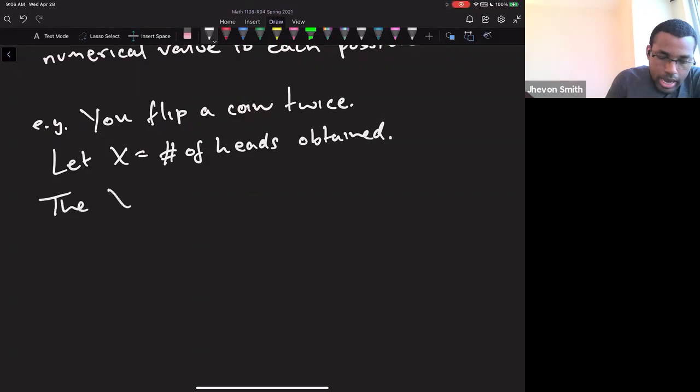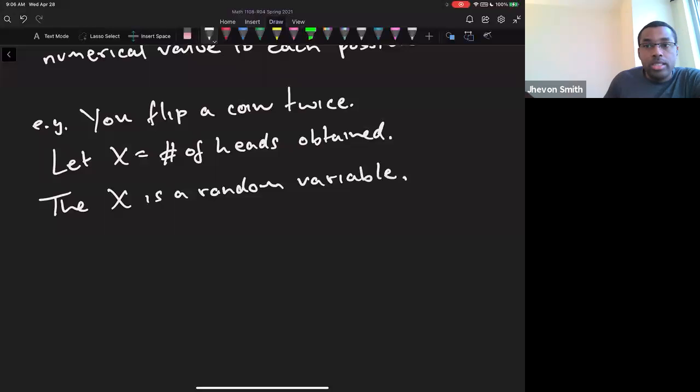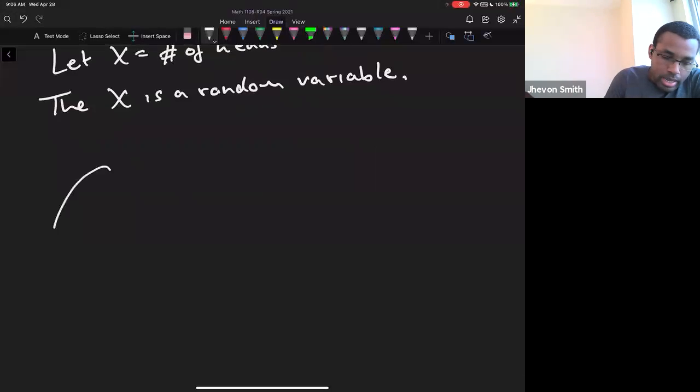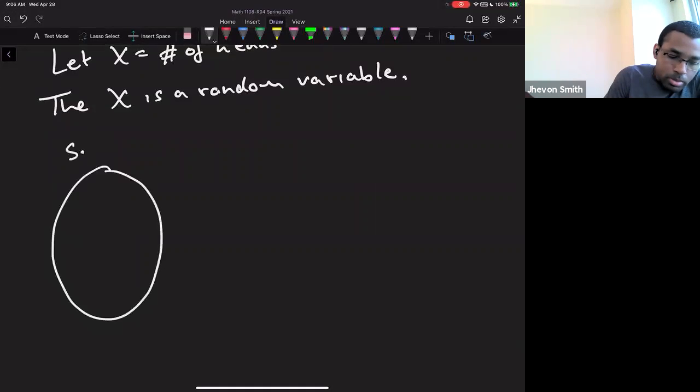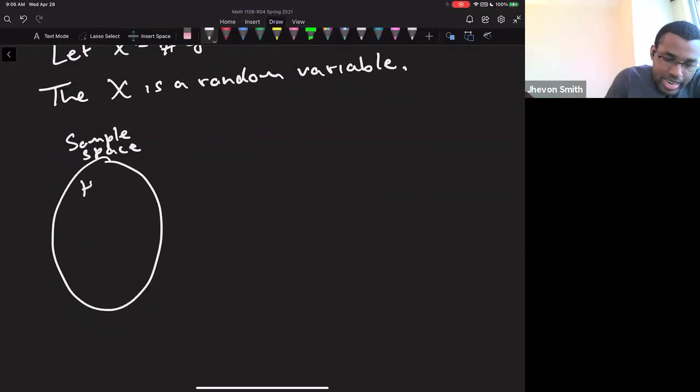Then X is a random variable. Notice that it went from some event happening, heads, to giving you a number. So when you look at the sample space, we know all the possibilities for this. You can get heads and heads, or you can get heads then tails, or you can get tails then heads, or you can get tails then tails.